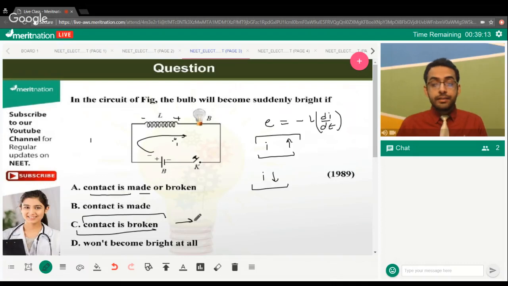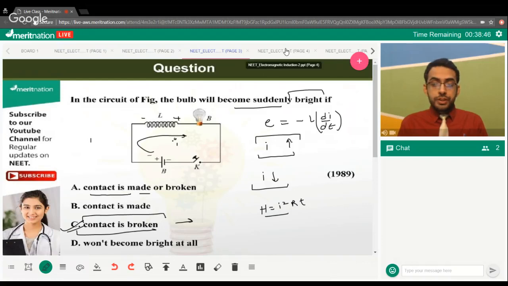That's why we can say when the contact is broken, the bulb will become brighter, because the intensity of the bulb is directly proportional to I. Yes, we have learned that H is equal to I square RT. So more the value of current, more the heat and more the glow of the bulb.